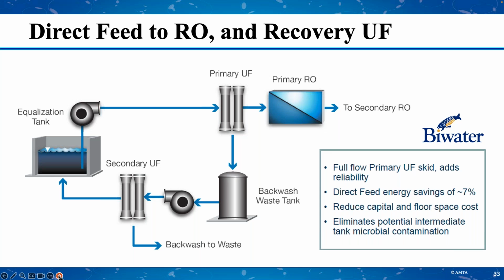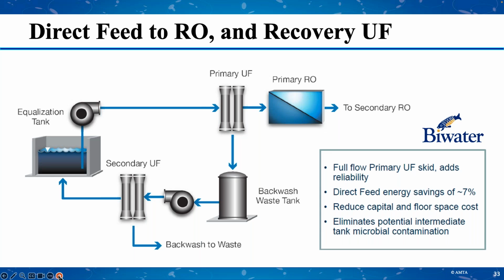We're purely only worrying about the primary UF going straight to primary RO and increasing the recovery overall of the plant by taking that secondary filtrate, which is the majority, 95+% of that waste goes back as filtrate, and a very small amount, less than 1%, coming out as backwash waste for the MF system.